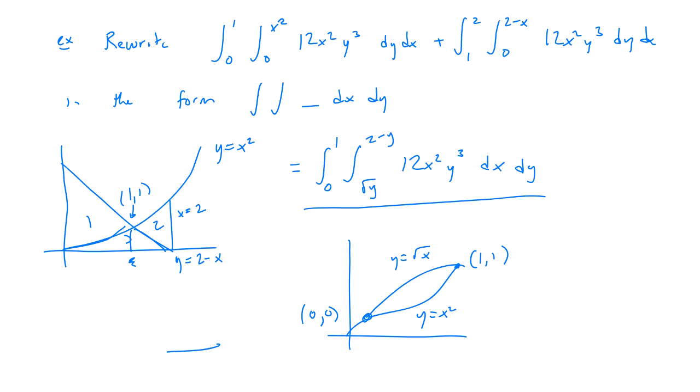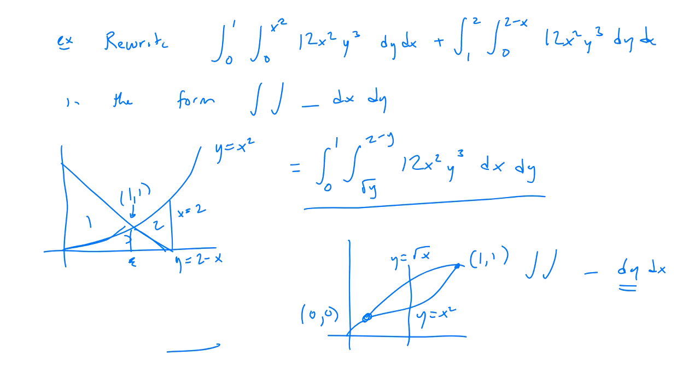Then if I'm doing dy dx, when I do it with respect to y, remember that assumes I'm looking at x as a constant. And if I draw x equals a constant, I get something like that. Of course, I need a generic line, so this is one line, but I need to draw it everywhere in the region.